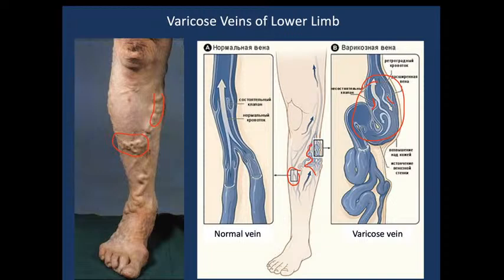Varicose veins sometimes develop because of the hereditary weakness of the valves. It means that the connective tissue inside of valves is different, and that is hereditary. The cause is in our genome.